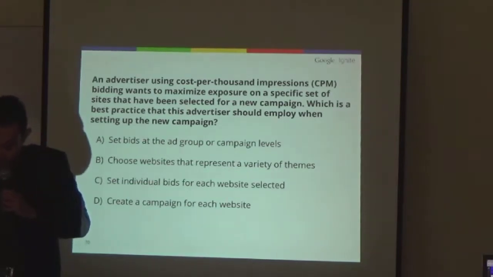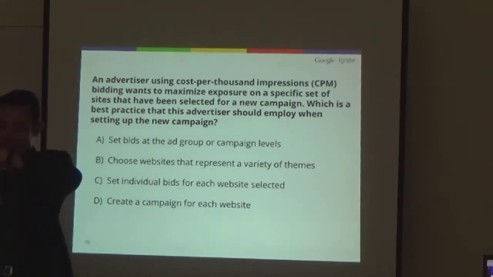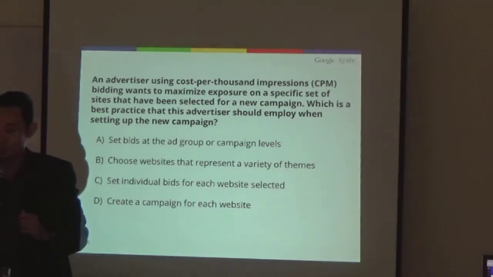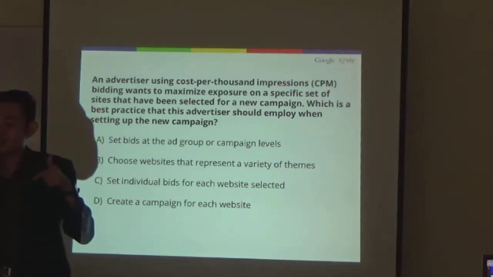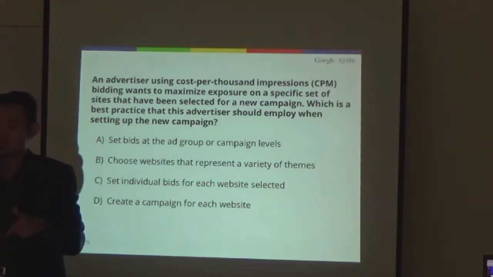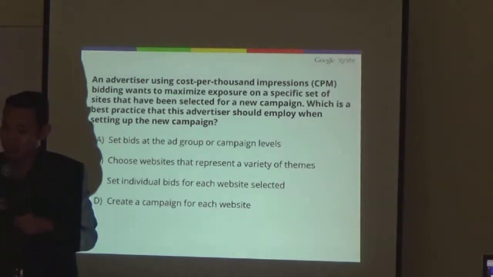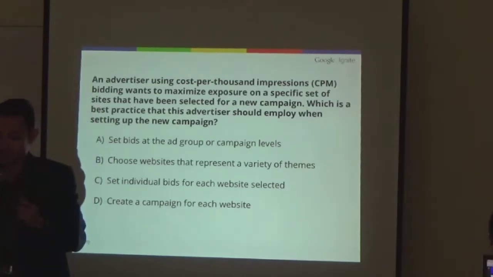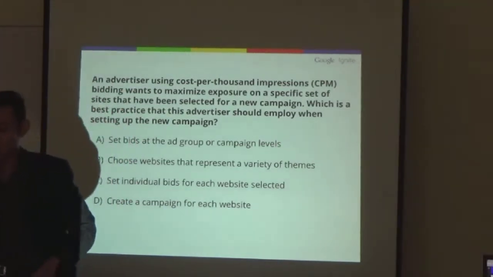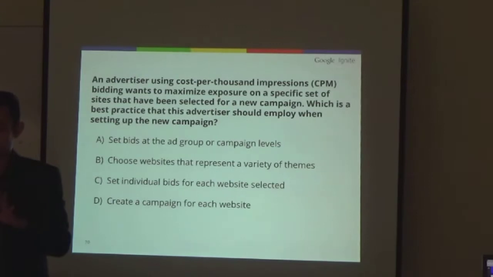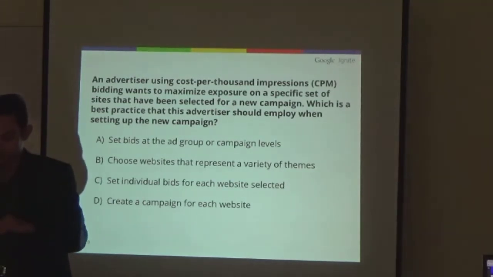Next question over here. An advertiser is using cost per 1,000 impression bidding and wants to maximize exposure on a specific set of sites that have been selected for a new campaign. Which is the best practice that this advertiser should employ when setting up a new campaign?